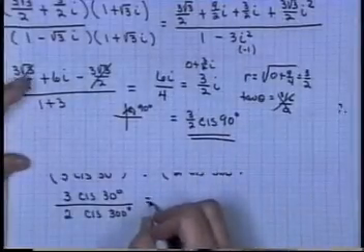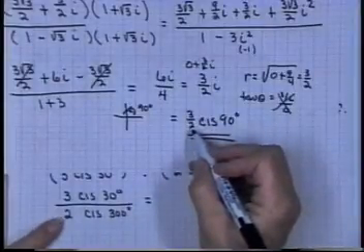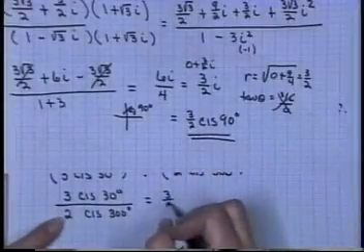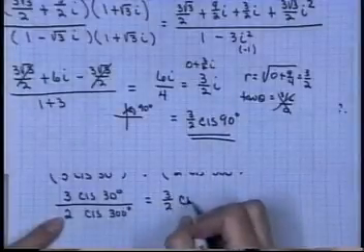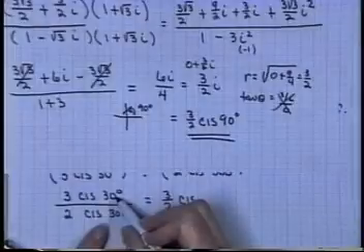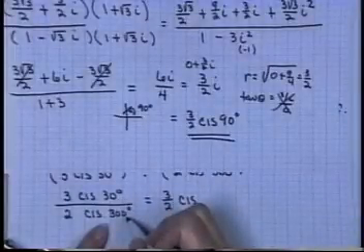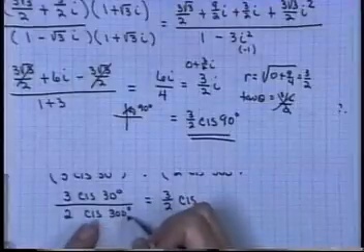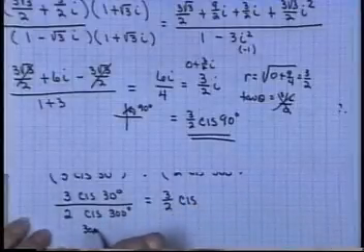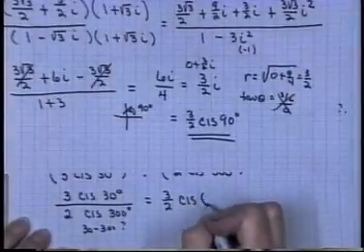I want to show you something here. Notice the 3 halves here, 3 halves, 3 halves. Let me write that down. And I'm going to show you something that happens here. Notice the angle up here is 30 degrees and the angle down here is 300. What happens if I take 30 and subtract 300? I get a negative, don't I?